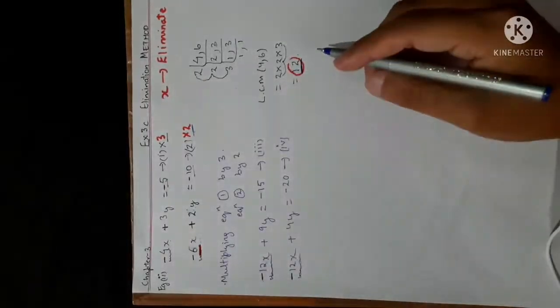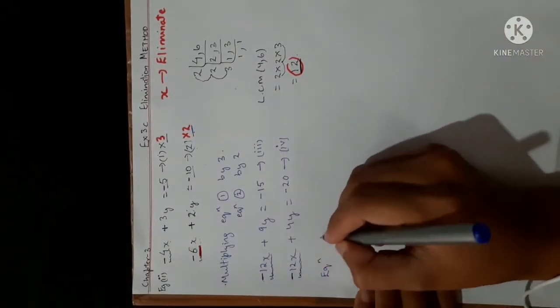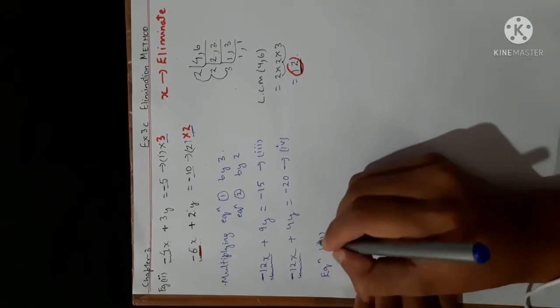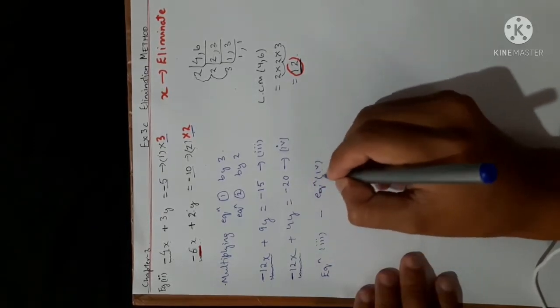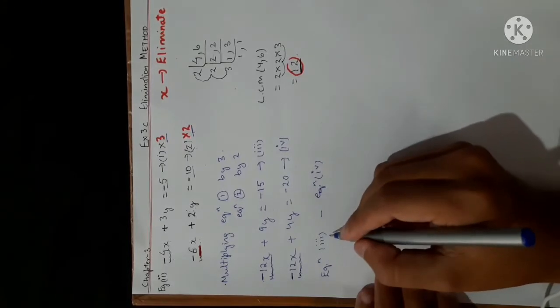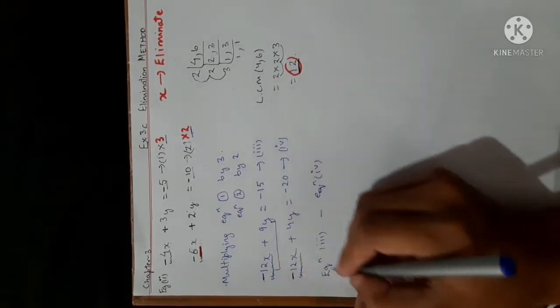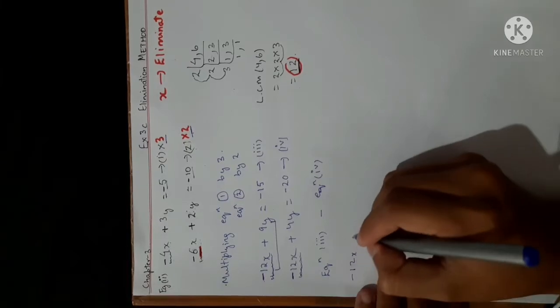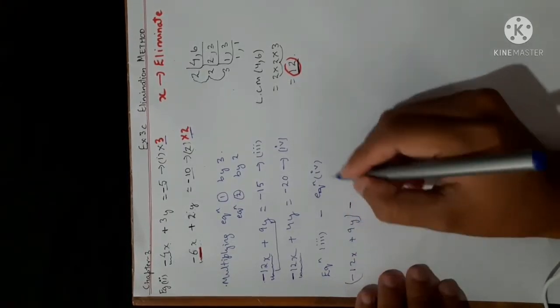So let me subtract equation 3 minus equation number 4. So we first write equation 3. Remember, left side with left side first. Minus 12x plus 9y minus equation 4.